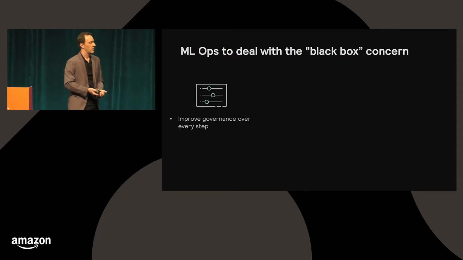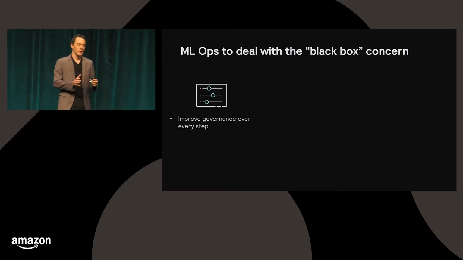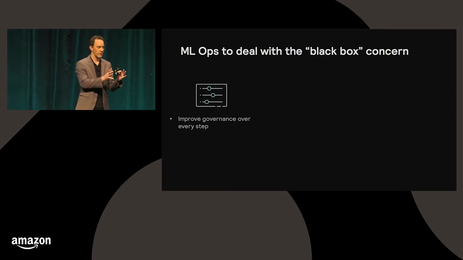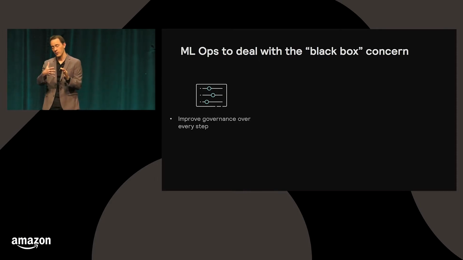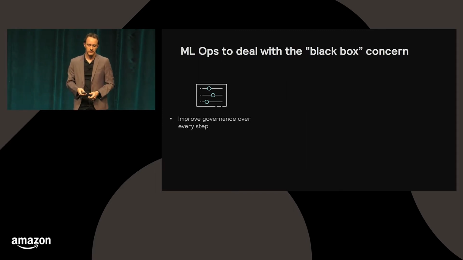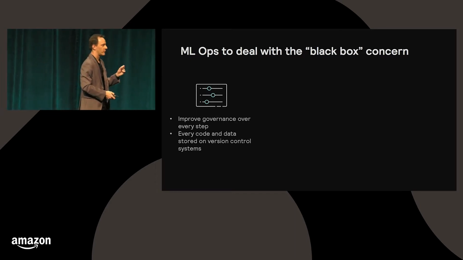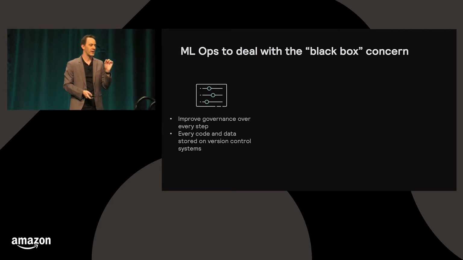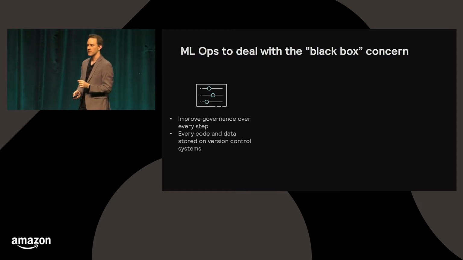One of them, the first, is really to improve governance over every step. From data intake, from the customer onboarding the financial institution, creating his account, until transaction monitoring and due diligence. Every code done to these models, either supervised or unsupervised, doesn't matter, every code and every data of every parameter should be properly stored on version control systems.